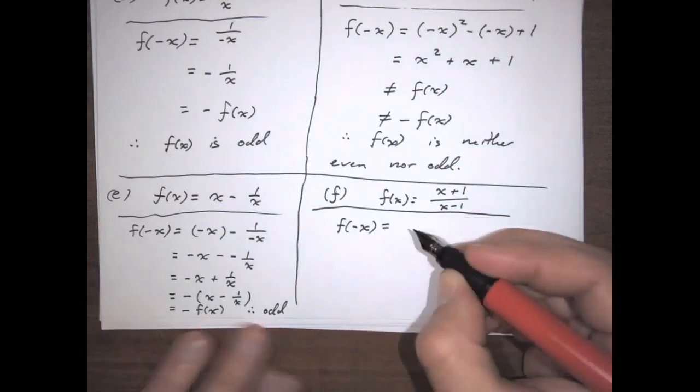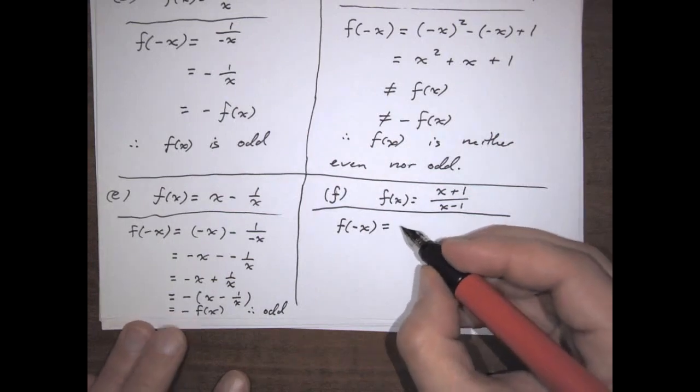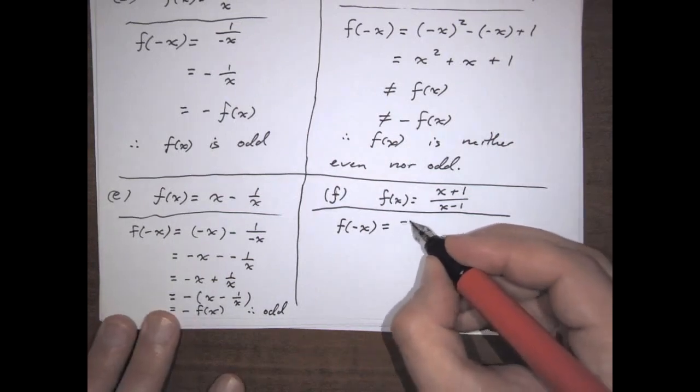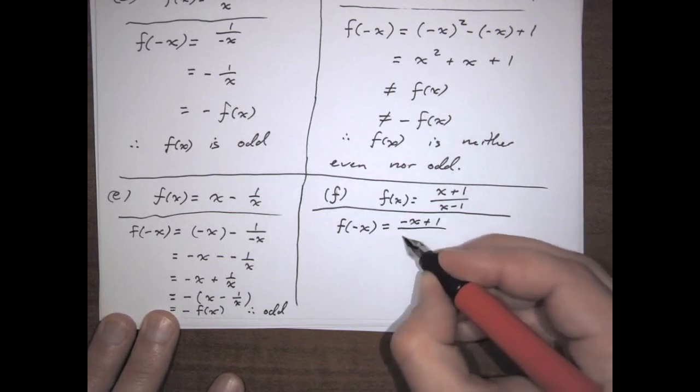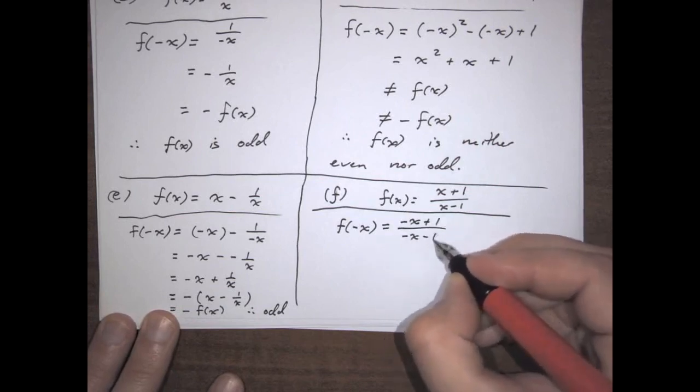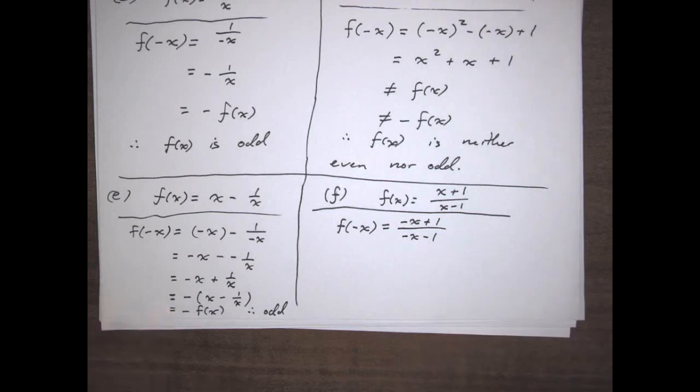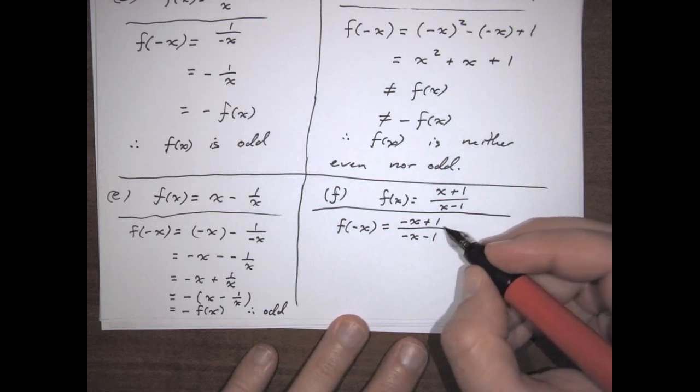So once again, our first move here is totally typecast. We have no option but making every x the opposite and seeing what happens. So negative x plus 1 over negative x minus 1. Now here, this is a different case. This is a different case from what we had before.